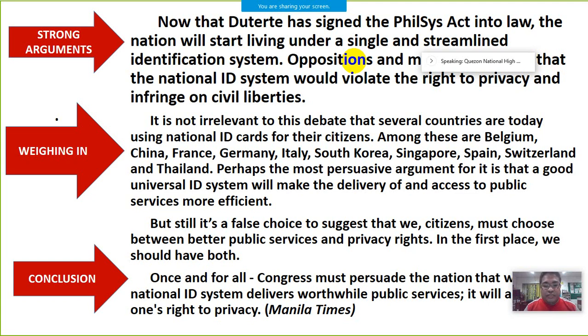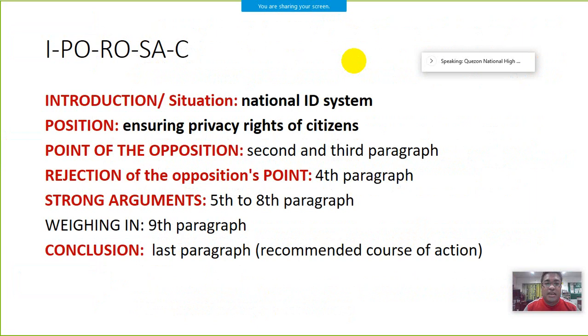Then the conclusion, once and for all, Congress must persuade the nation that the national ID system delivers worthwhile public services, and it will not be a problem to one's right to privacy. So it's a suggestion, a recommended course of action. Then this editorial is taken from the Manila Times.